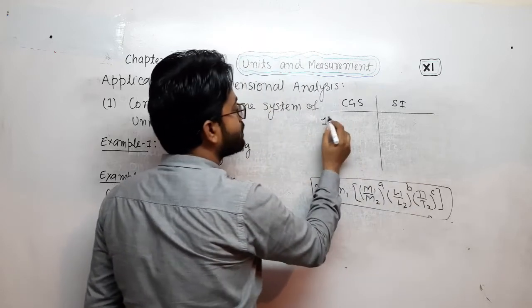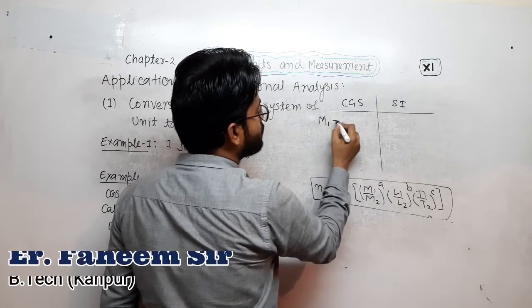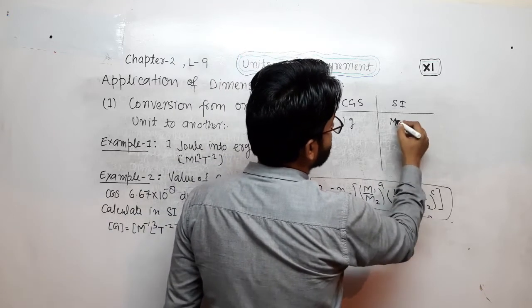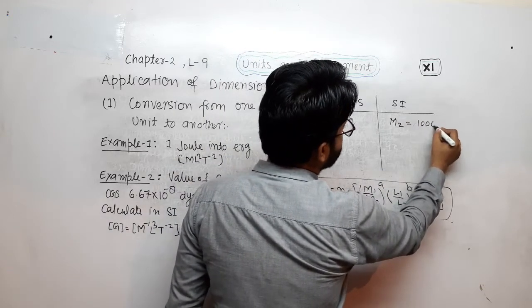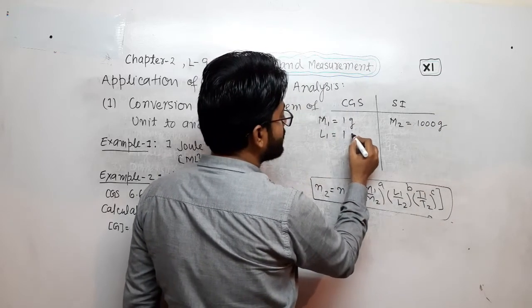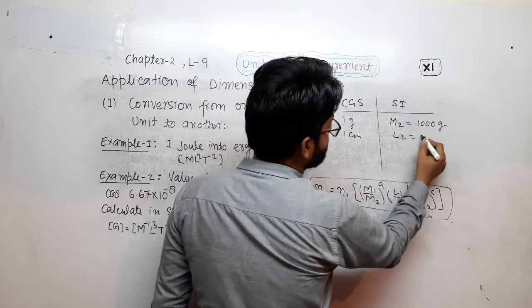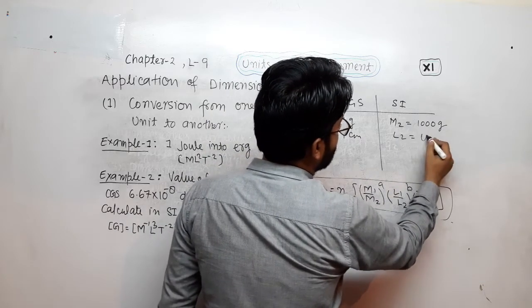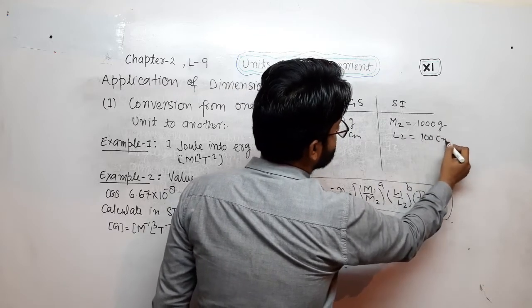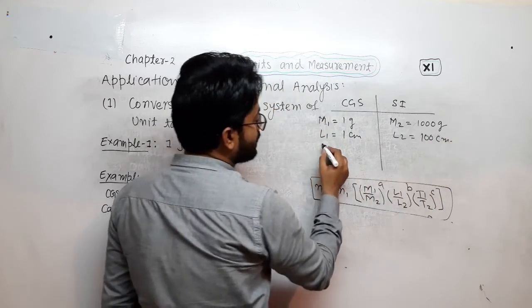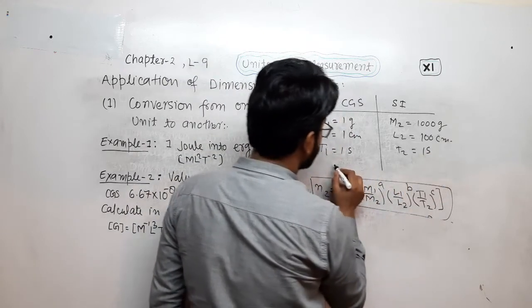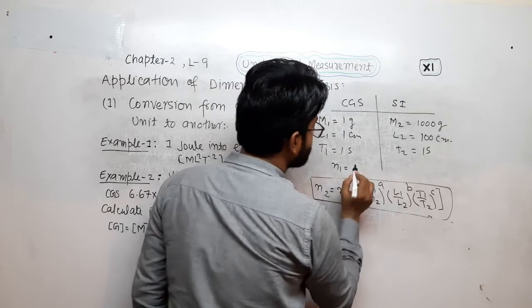In CGS, M1 is 1 gram, M2 is 1000 gram, L1 is 1 centimeter, L2 is 100 centimeter, and T1 is 1 second, and T2 is also 1 second.